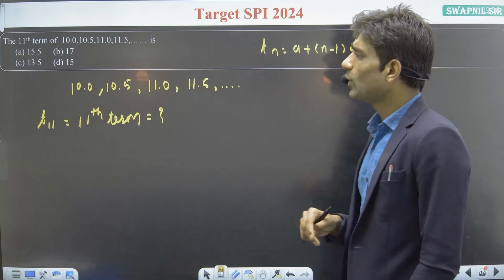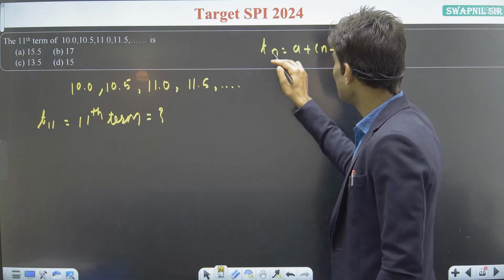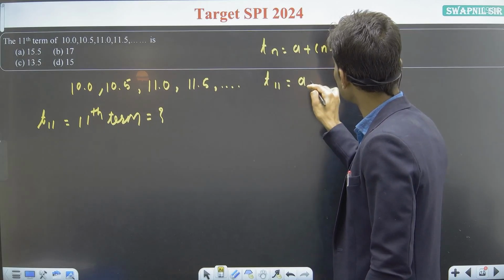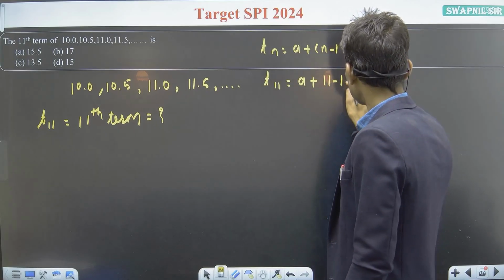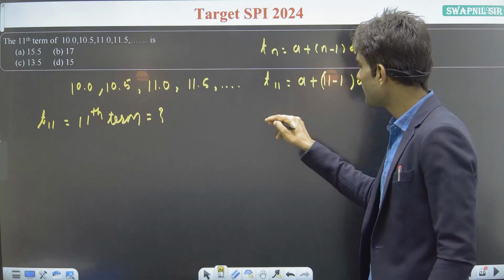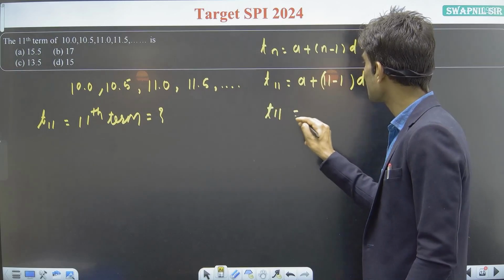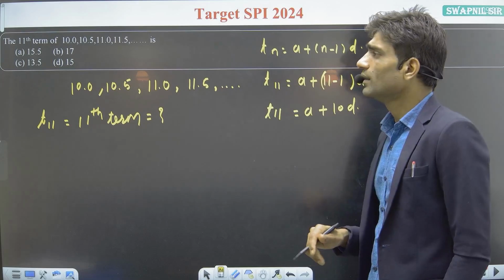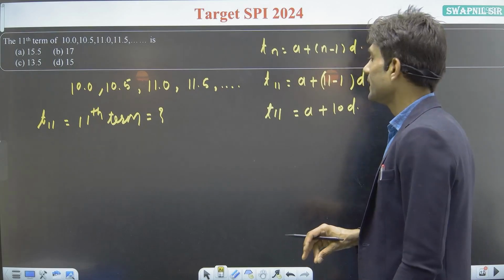In our question we want the 11th term, so n is 11. That means T11 is a plus 11 minus 1 into d, that is, T11 is a plus 10 times d.